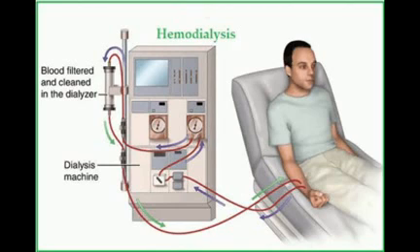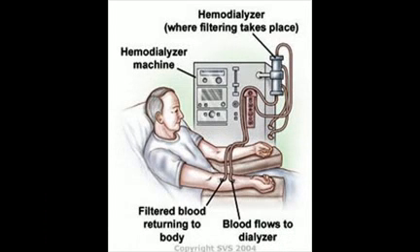This leads to the accumulation of poisonous nitrogenous waste like urea in the body, which can even cause death also. The persons having kidney failure are put on dialysis.